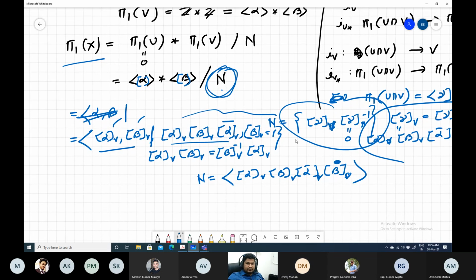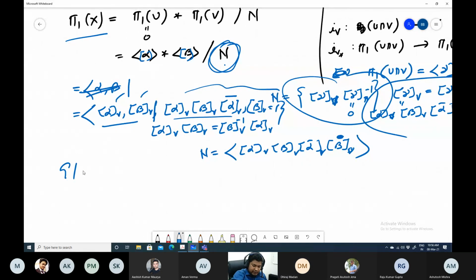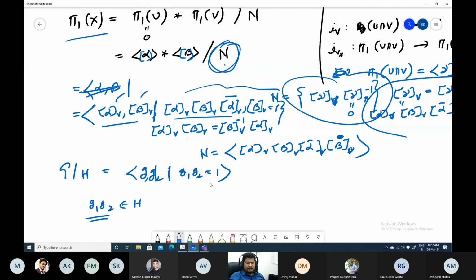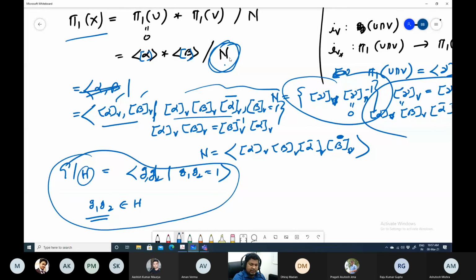For example, if you quotient G with H, you can think of it as generated by g1, g2. If g1 g2 belongs to H, that means this is identity, so g1 g2 equals identity, because the elements of N are identity in pi1 of X, since we are taking the quotient.